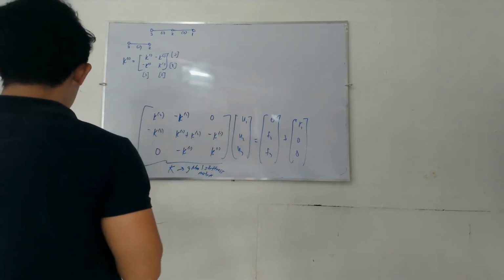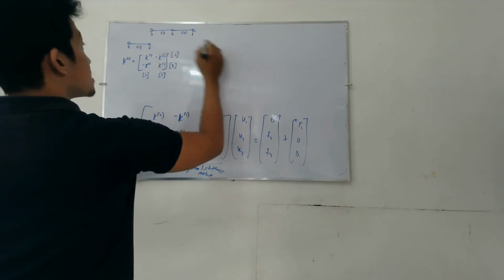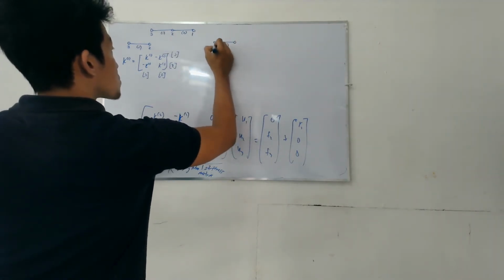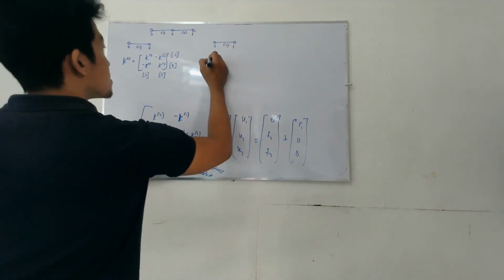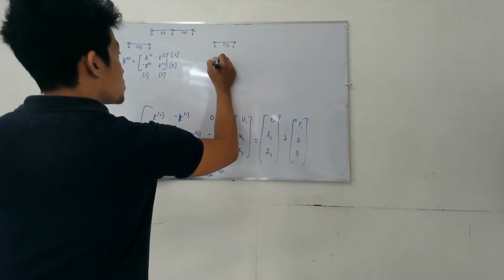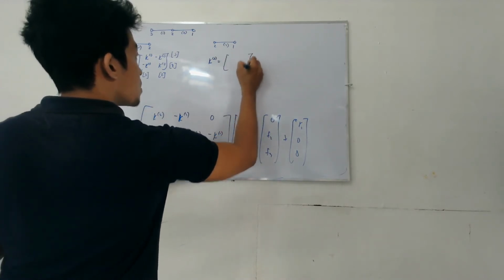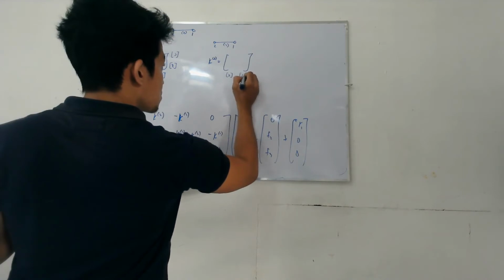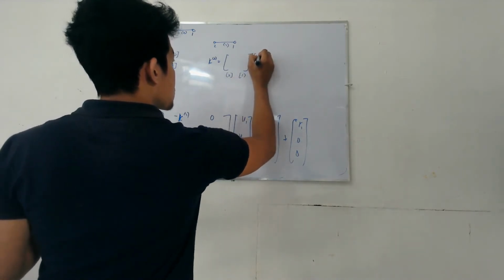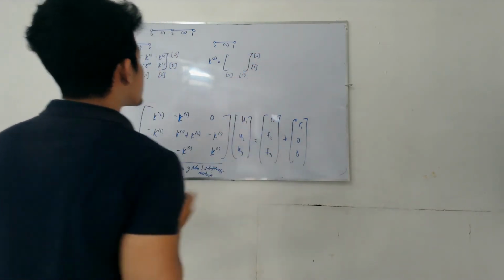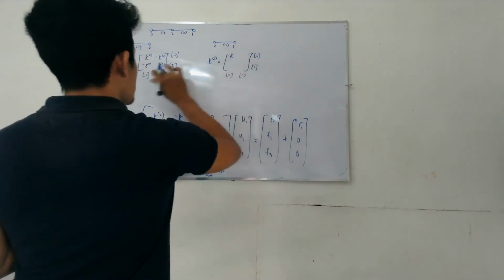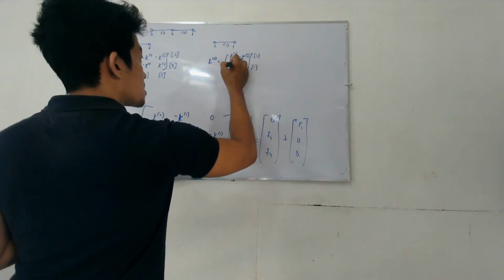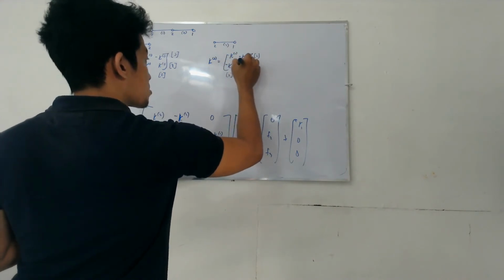for element 2, element 2, you copy it to 1. So K of 2, just write K of 2, negative K of 2, negative K of 2, K of 2.